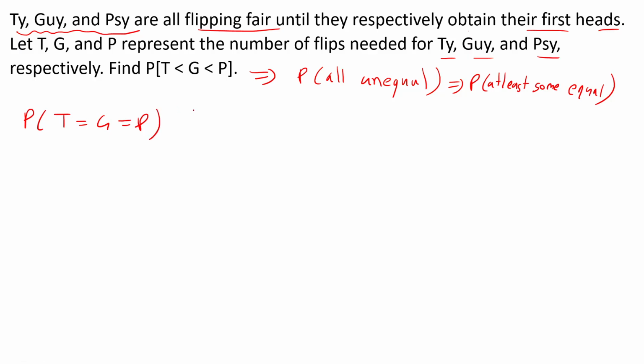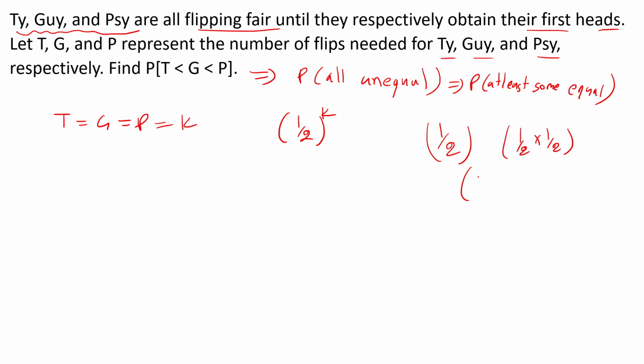The probability that T gets the first head in K turns is 1/2 to the power K. If he gets a head in the first turn, that's the probability. In the second turn, he should get a tail and then a head, and in 3 turns, tails and then a head. So in K turns, it's that.